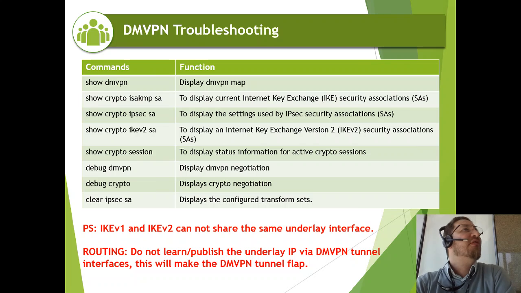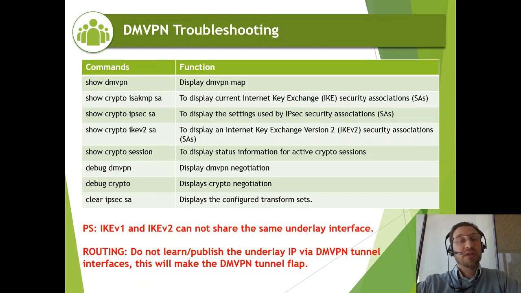On this slide, we have a few comments that we can use for troubleshooting. We need to pay attention that IKE version 1 and IKE version 2 cannot share the same underlay interface. So if on your router you use both technologies, you need to understand that you need two different interfaces, one for each technology, to use as an underlay interface.